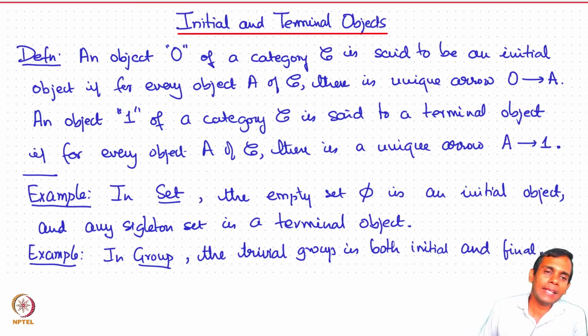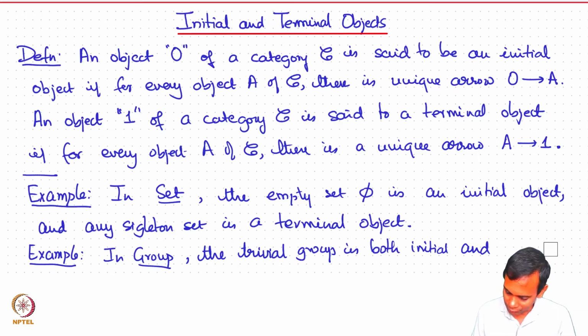And if you take any group, you have only one homomorphism to the trivial group, because every element has to just map to the identity, and that turns out to be a homomorphism. So the trivial group is also a terminal object. In the category of groups, the trivial group is both initial and terminal.